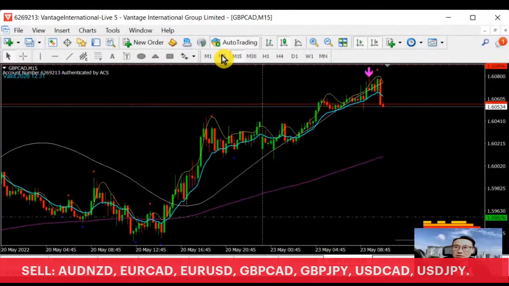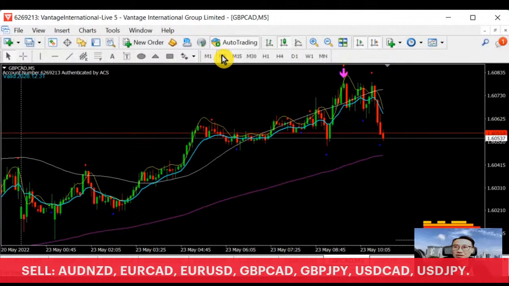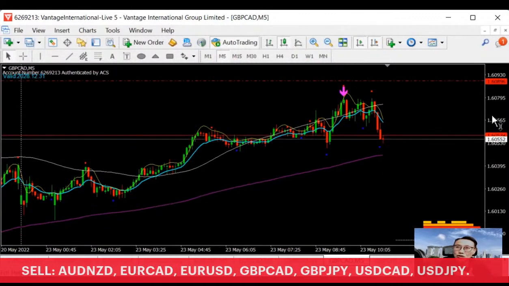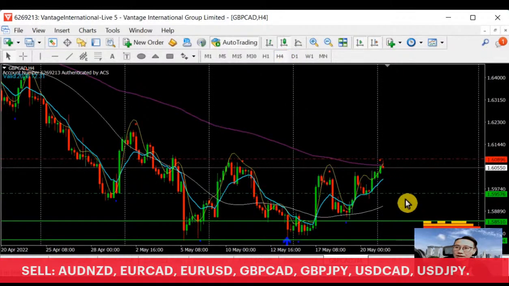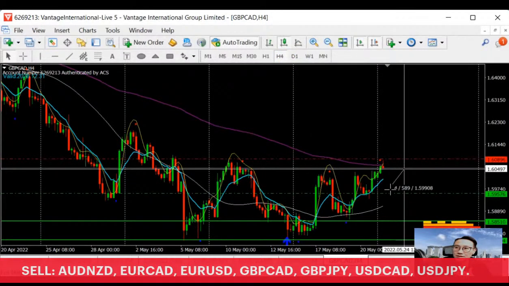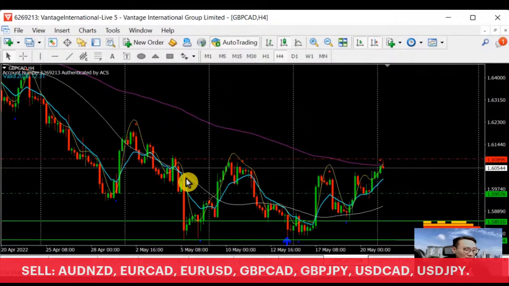Wow, we have already missed this, it has tested on this. Let's see, we have about another 100 pips of space to go. So we have plenty of space. Just hang on with this. Pound CAD has a lot of potential, so just pay attention to pound CAD right now.